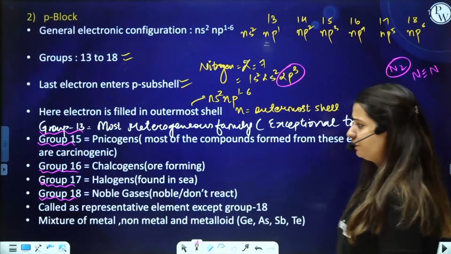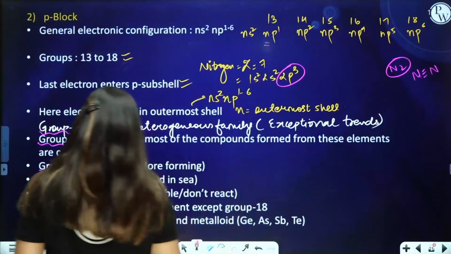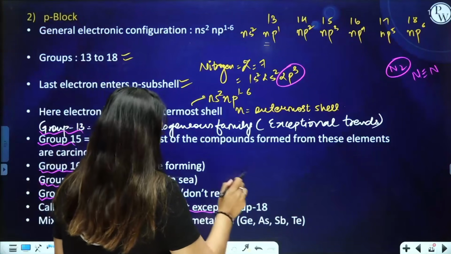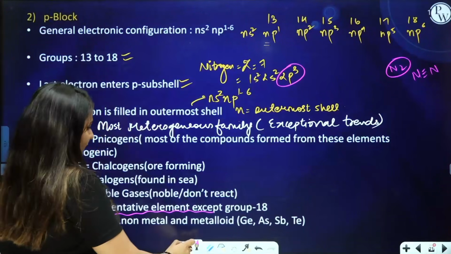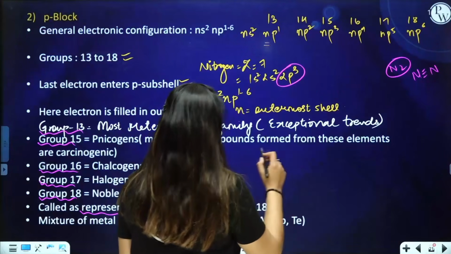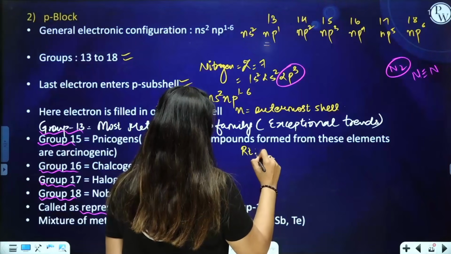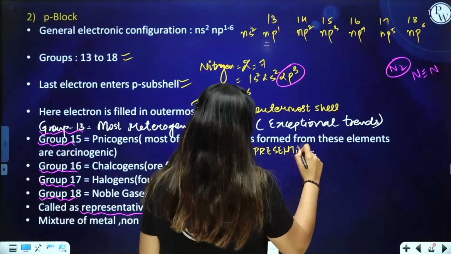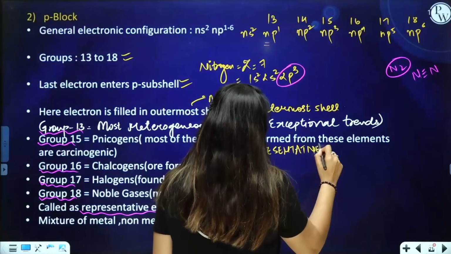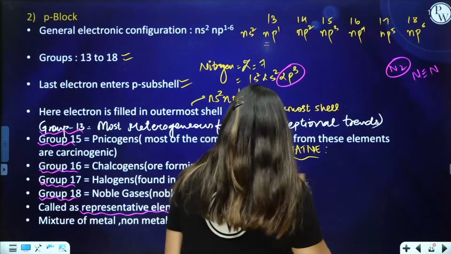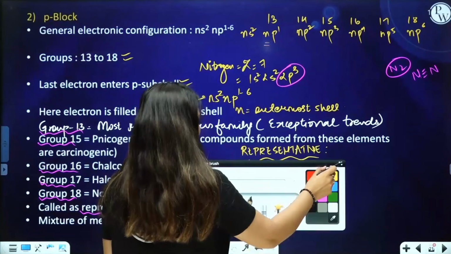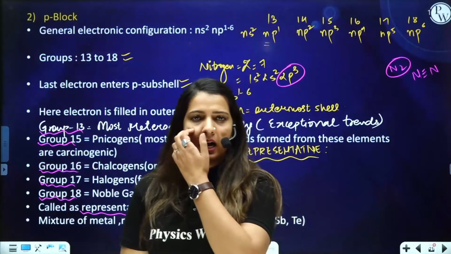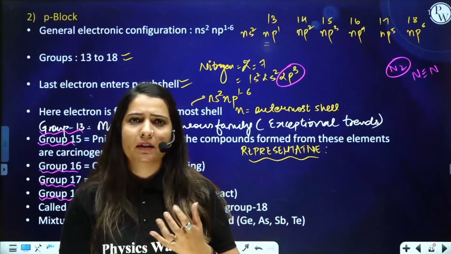After that, these p block elements are called representative elements. Now what do you understand by the word representative elements? Most of the compounds present around us are made of some elements.